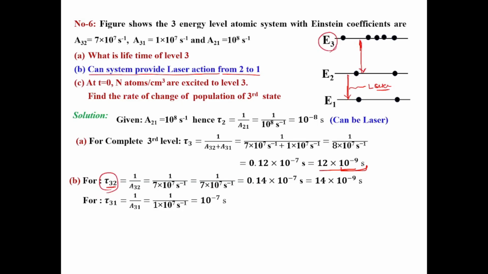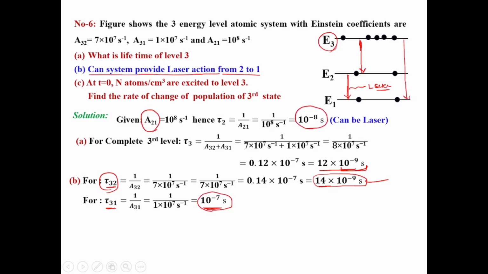The lifetime for transition 3 to 2 is equal to 1 by A32, 4 into 10 to the minus 9 second. Then what will be the lifetime for 3 to 1? If I consider 3 to 1, it will be 10 to the power minus 7 second. And for the 2 to 1 transition, 10 to the power minus 8 second.